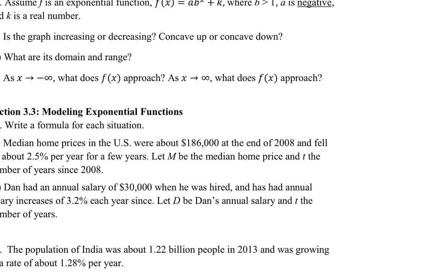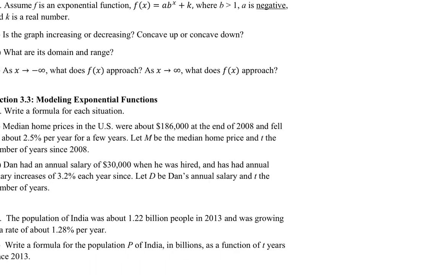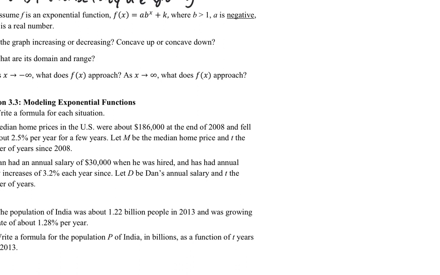So first let's get an idea of what this graph looks like. So a is negative, right? Previously we said, when b is bigger than 1, it's growing. Well, because a is negative, that's going to flip this over the x-axis. So this is for a positive, which is bigger than 0, and b bigger than 1. It will look something like that.